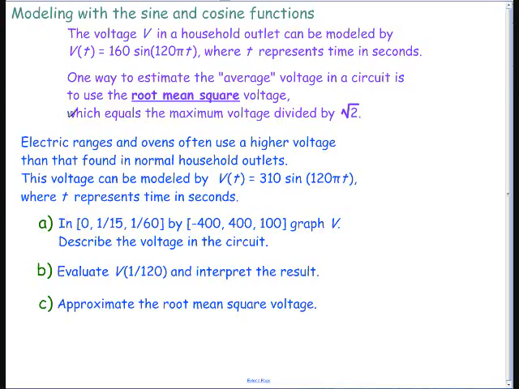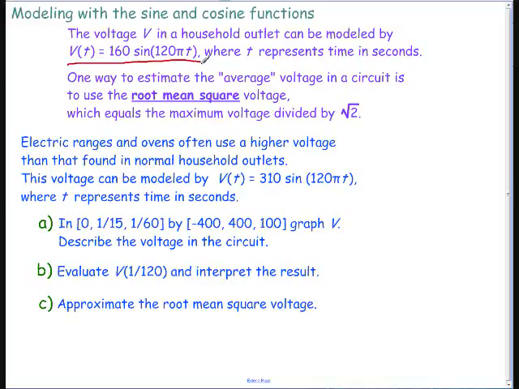Modeling with sine and cosine functions. The voltage in a household outlet can be modeled by this equation right here. We usually refer to that household voltage as being 210, don't we?